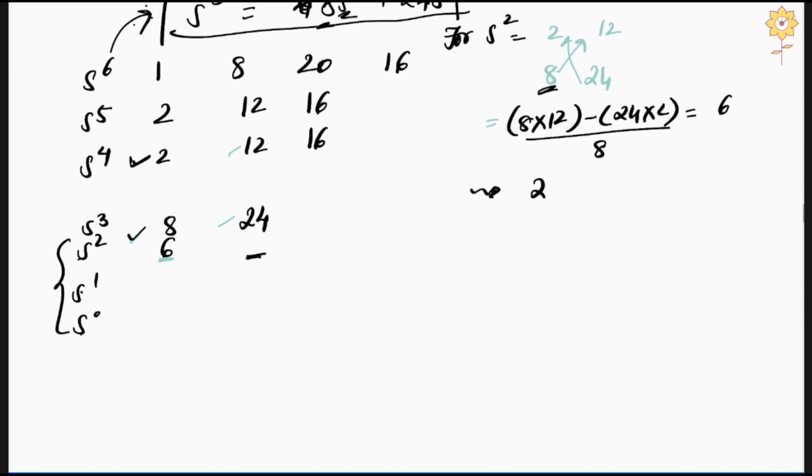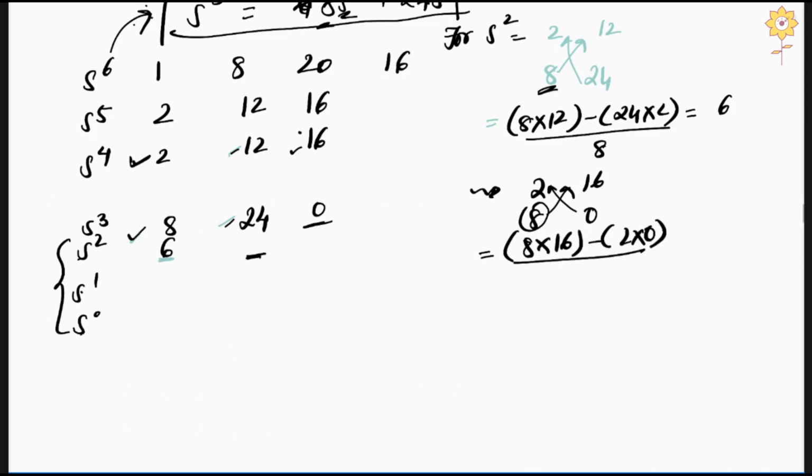Okay, you will be using 2 and 8, and instead of 12 and 24 you will be using 16 and 0 from this place. Start cross multiplying from this location, you will get 8 into 16 minus 2 into 0 upon 8. So, I think you will get 16 over here after calculating. You can write 16 over here.